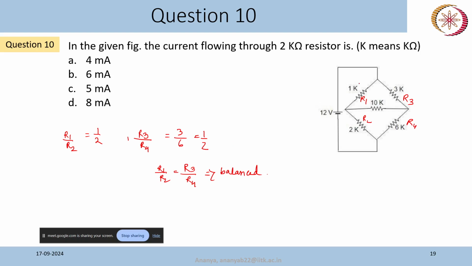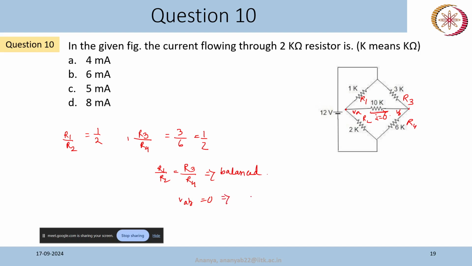Now we know that if it is a balanced bridge, if this is VA, the voltage at this node, and the voltage at this node is VB, then VAB is equal to 0. If the voltage difference is 0, that means the current flowing through this 10 kilo ohm resistor will also be equal to 0.